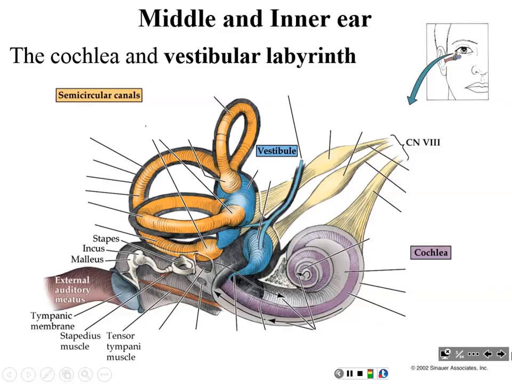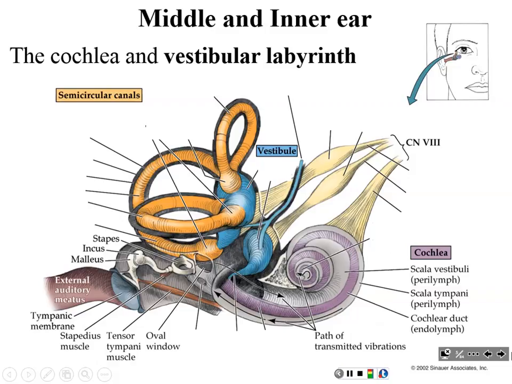These three small bones are also connected with the stapedius muscle and the tensor tympani muscle that prevent really loud sounds from affecting this structure. So I mentioned the stapes sits on the oval window and translates that movement into the liquid inside the cochlea.